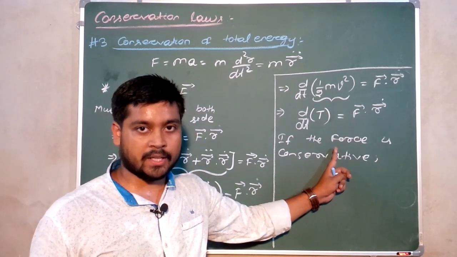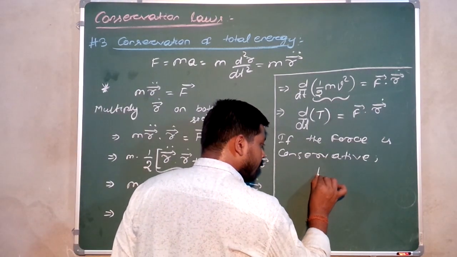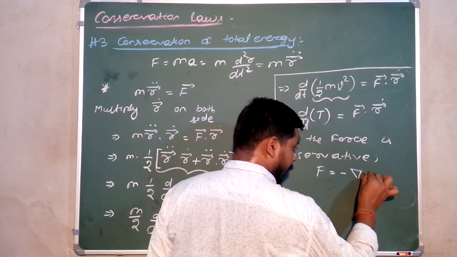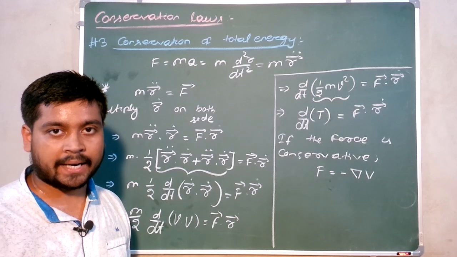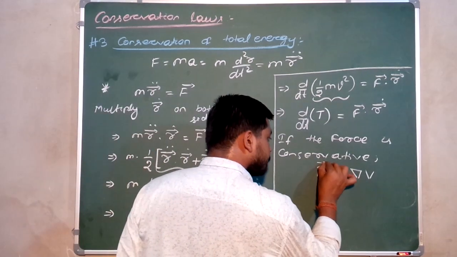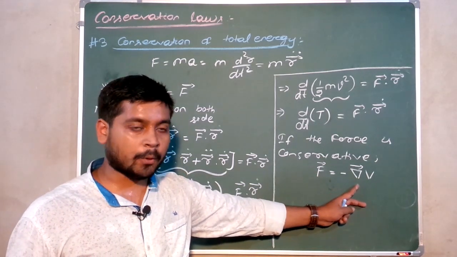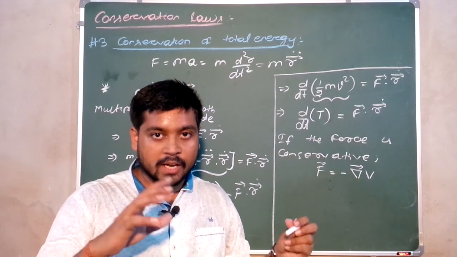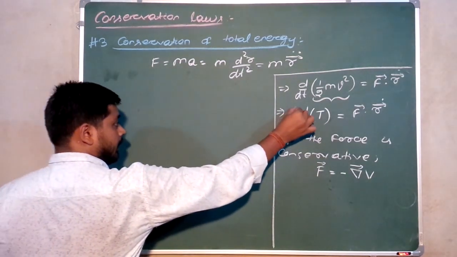This is called conservative force. For conservative force, there is a formula: F equal to negative gradient of potential. So we can write negative gradient of potential in place of F. Then just see how the expression changes in this equation.